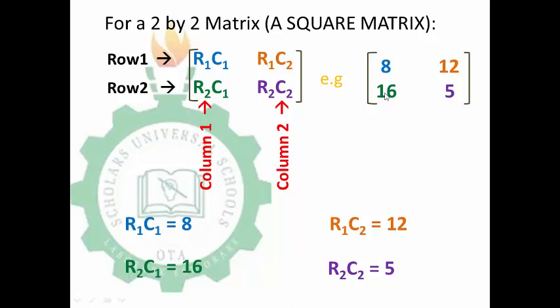Then 16 belongs to the second row, but in the first column. Then when you look at 5, 5 belongs to row 2, column 2. So this is the second row, but in the second column. I hope you understand that.